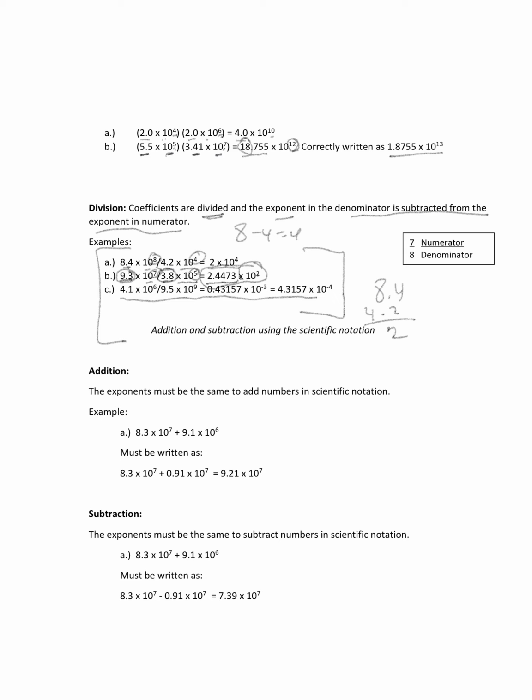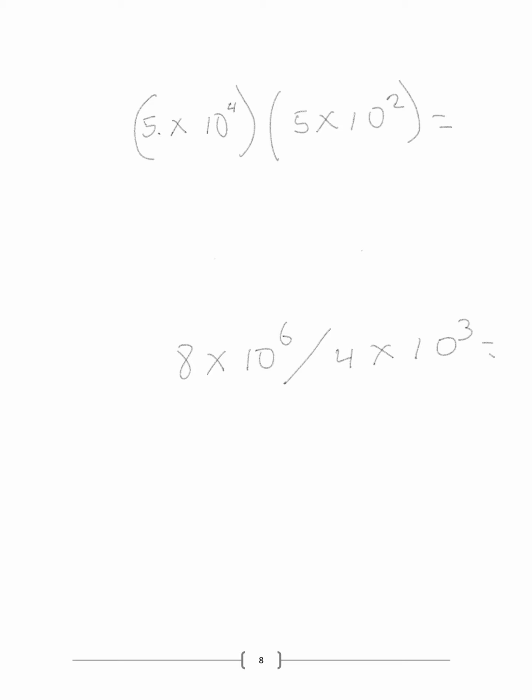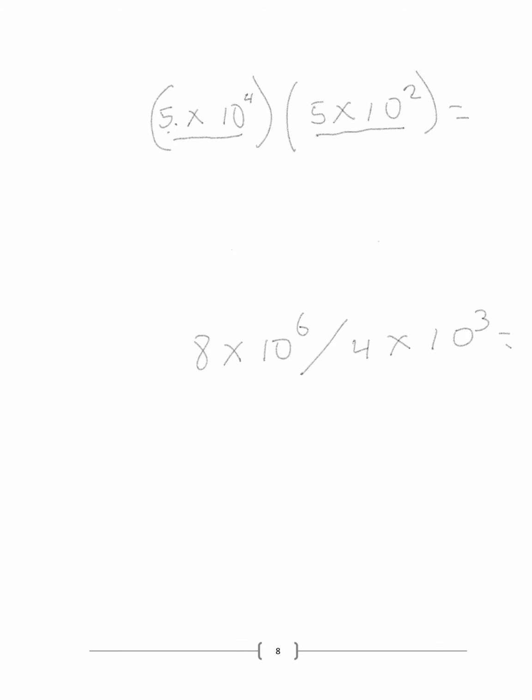And then what I'm going to do is make another video for addition and subtraction. If I have 5 times 10 to the 4th times 5 times 10 to the 2nd, I'm going to take the 5 and 5 and multiply them. 5 times 5 equals 25.